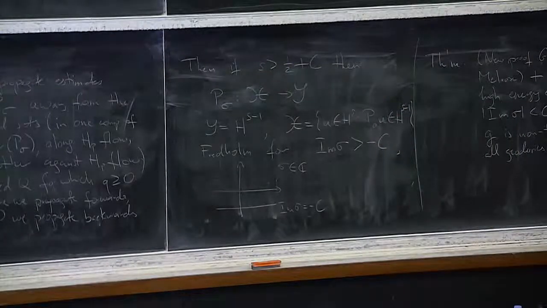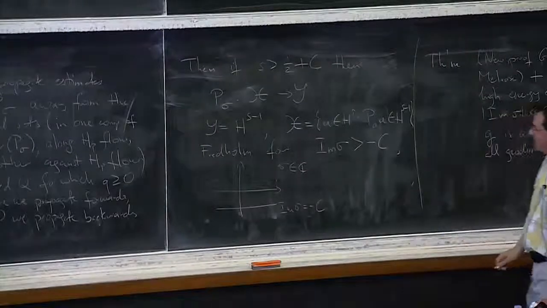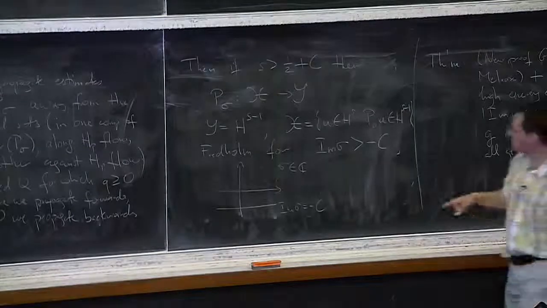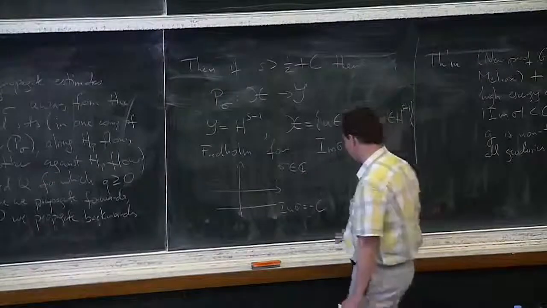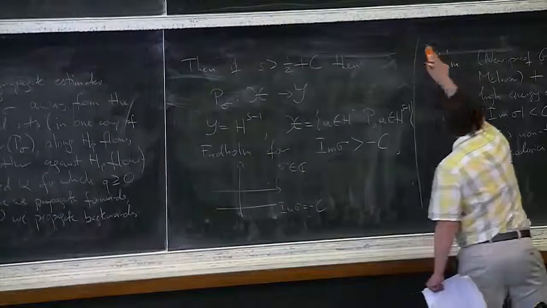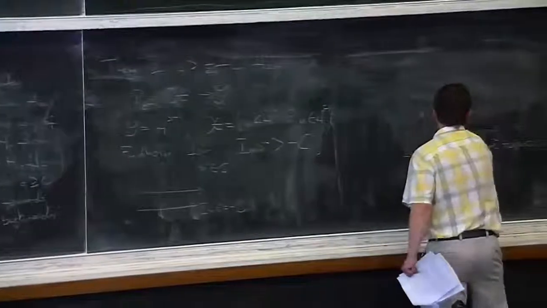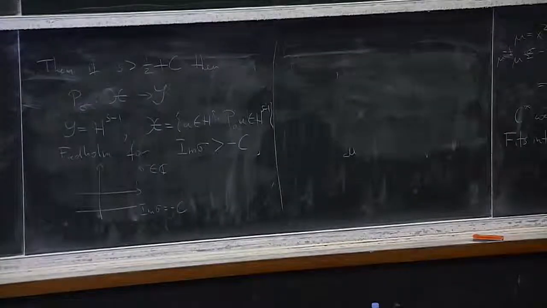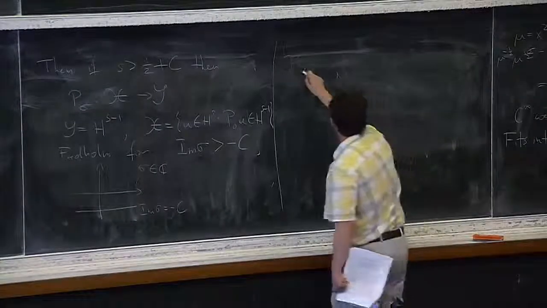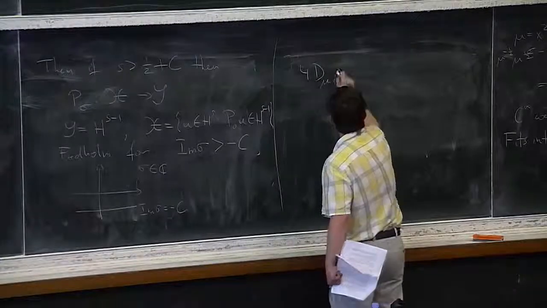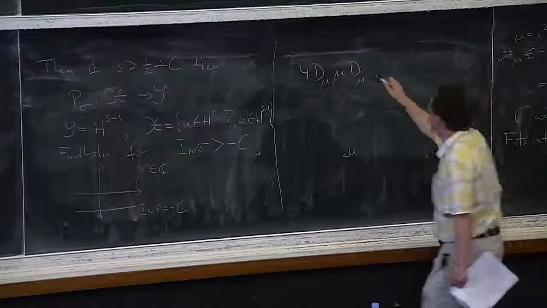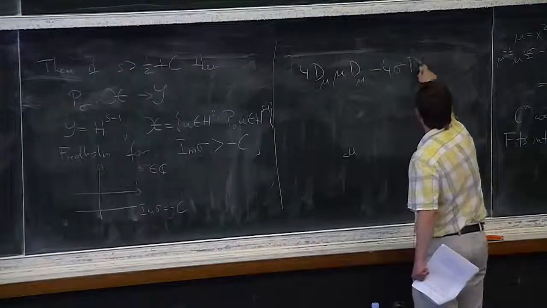Okay, so this just comes out directly from what we said last time. If I didn't mess up, what this slightly mysterious number here comes from is really very simple. If you just stare at the parts that involve mu, they say that we have something like 4 D_mu mu D_mu, so that's this part, minus 4 sigma D_mu.